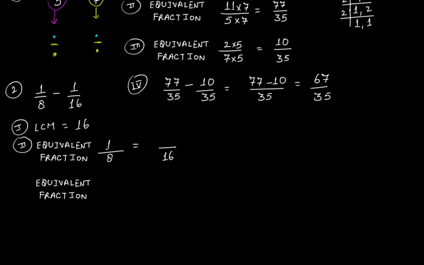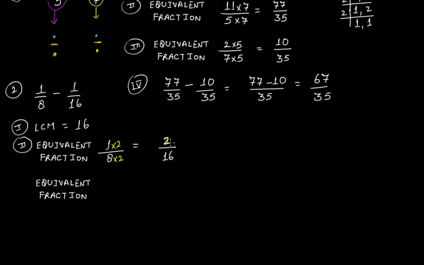So by what number should I multiply 8 so that I get the denominator 16? By 2. Now since we have multiplied our denominator with 2, we'll also multiply our numerator with 2. So 1 times 2 is 2 and 8 times 2 is 16.